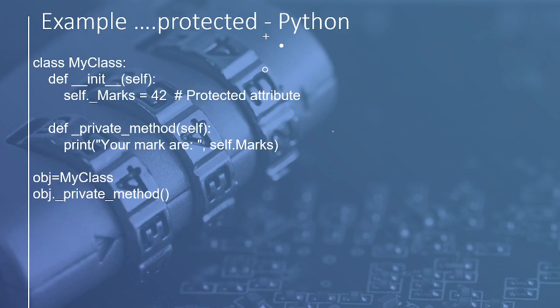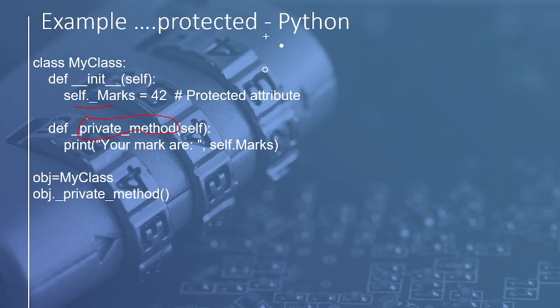Okay, so next, see the example with Python. As we said here, a protected attribute is marked with a single underscore. So here you can see that it is a single underscore, the marks 42. Then print, your marks are, we are just printing. And again, this is just the method name. This entire thing is actually the name of the method, not a keyword.